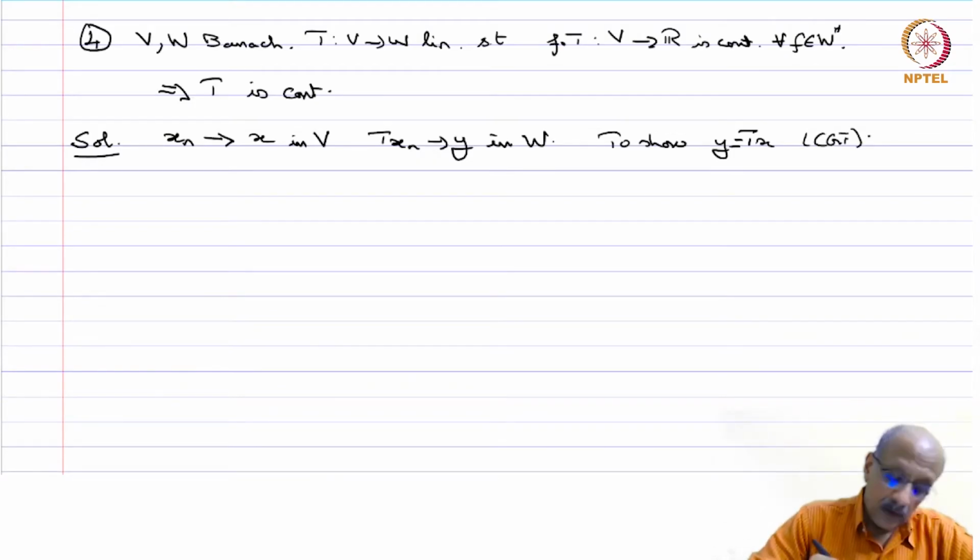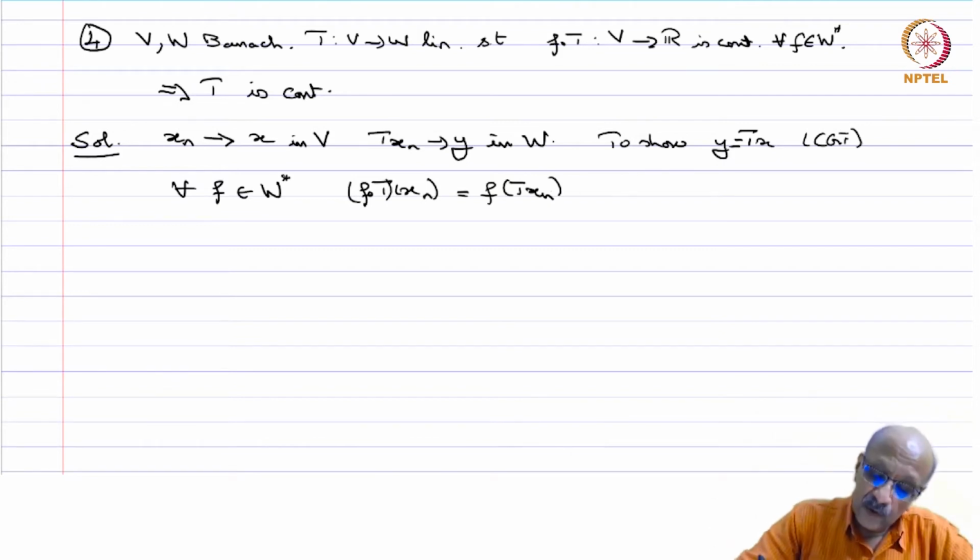Okay, so now we know that for all F in W star, we have F T Xn. So this is F composed with T acting on Xn is F of T of Xn.